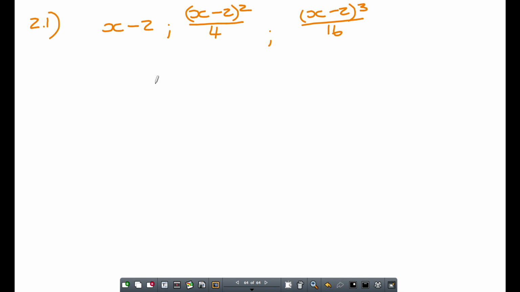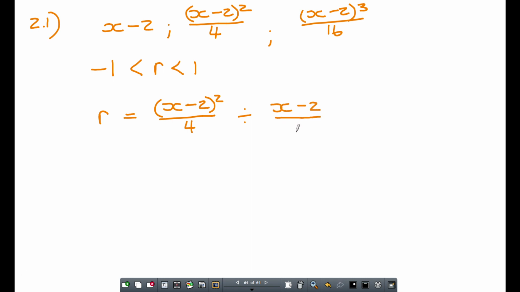So what we're going to use is that r must be between 1 and minus 1. So we first need to get r. Now r will be term 2 divided by term 1. Term 1 is actually over 1. So let's simplify that.